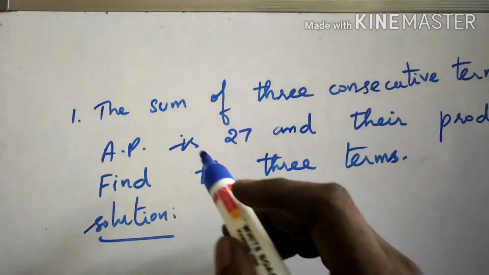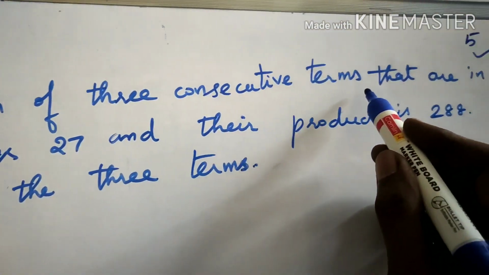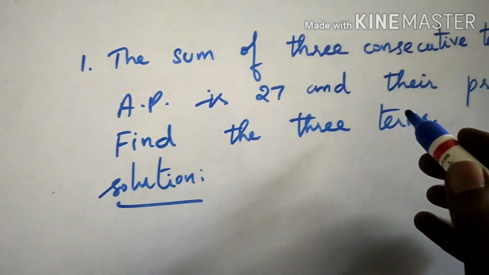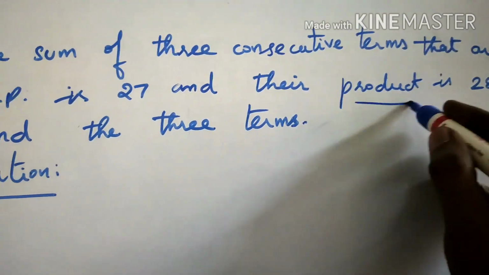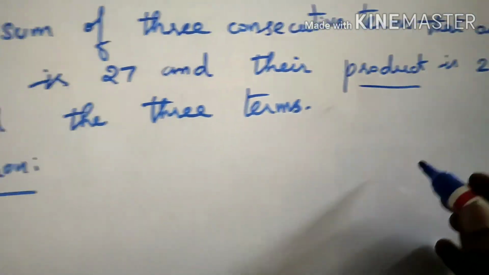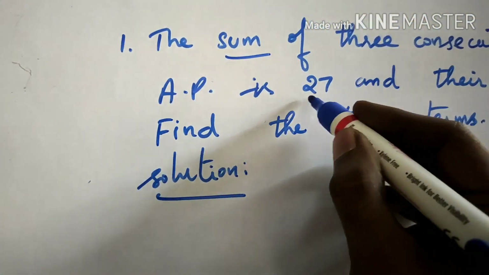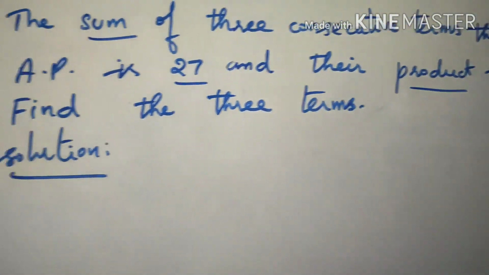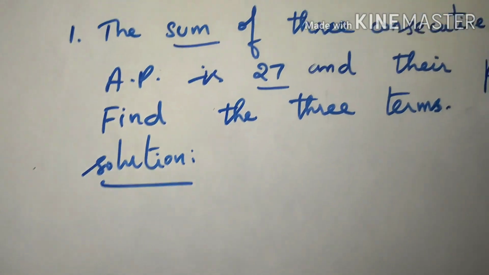See the question. The sum of 3 consecutive terms that are in AP is 27 and their product is 288. Okay. Sum is 27. Product means multiplication is 288. Find the 3 terms.